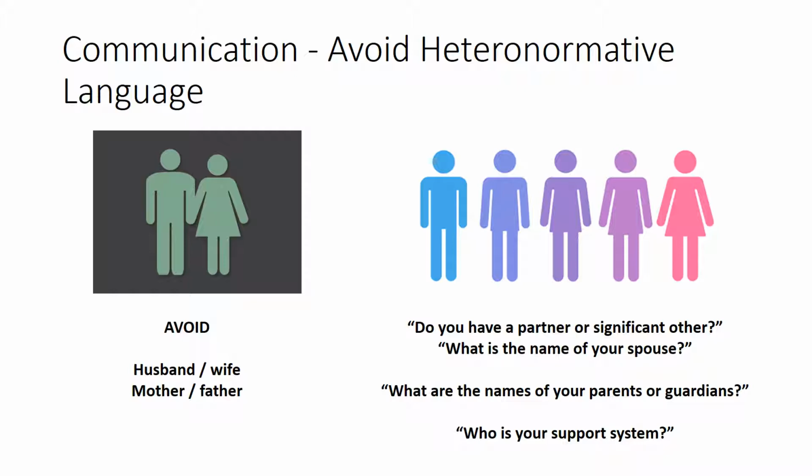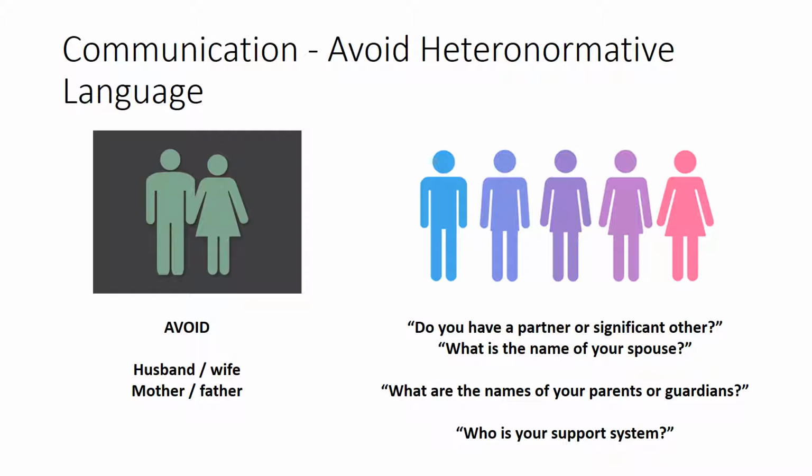And we don't ever want to put a patient in that predicament, to make them feel unsafe or that they're not welcomed. And so there are very small things that we can do in the language that we use, the words that we use, and the questions that we ask. Very small changes that are inclusive to everyone. So we want to avoid words such as husband, wife, and mother and father. We want to ask questions such as, do you have a partner or a significant other?